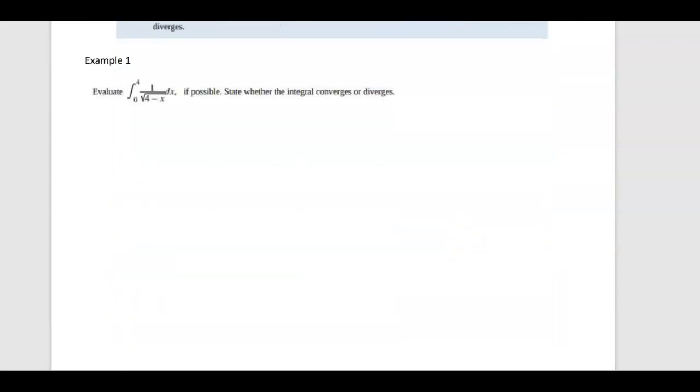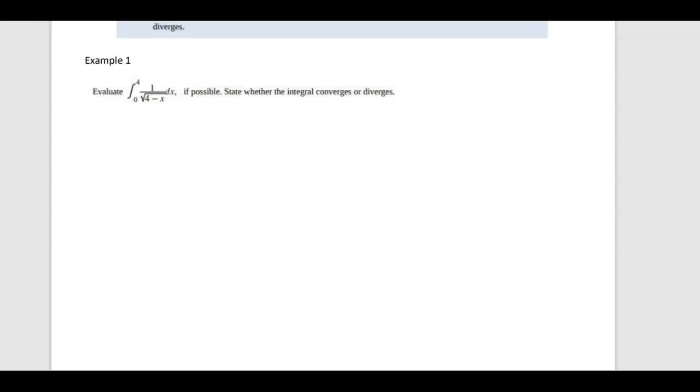All right, so let's look here at example 1. In example 1, we have the integral from 0 to 4 of 1 over the square root of 4 minus x in the denominator of our integrand. So if I plug in 0, I get 1 over square root of 4. That's not where my discontinuity is.